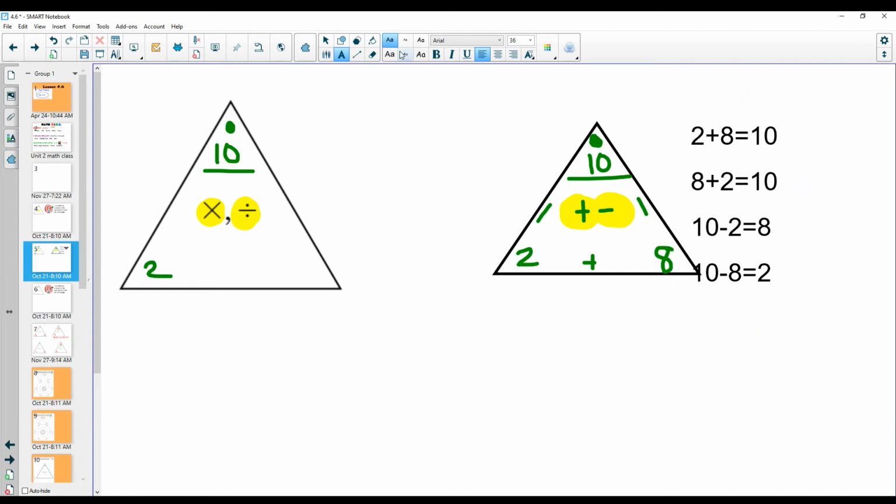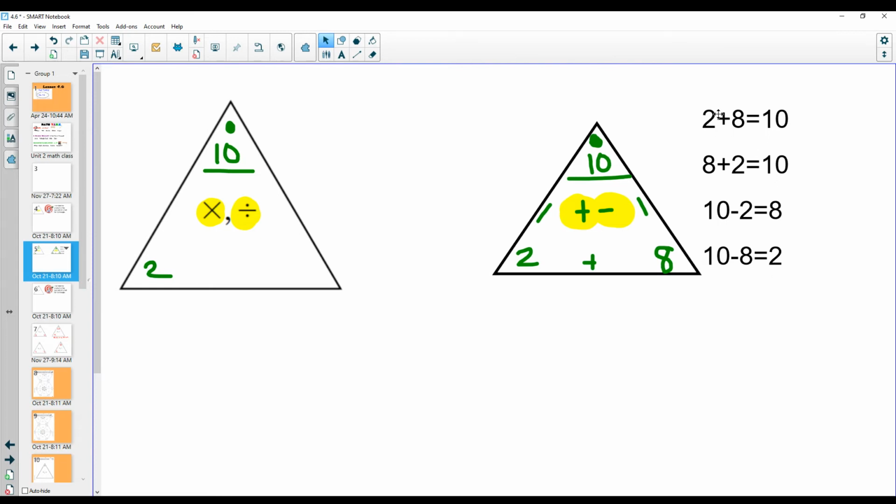That's important to know because what we're going to do over here with our multiplying and division is similar to this. So let me show you. All right, we have this 10 up here. It's the biggest person. When we're going down, instead of subtraction, we're going to divide. 10 divided by 2. So how many times do you have to count by 2 to get to 10? Let's do it.